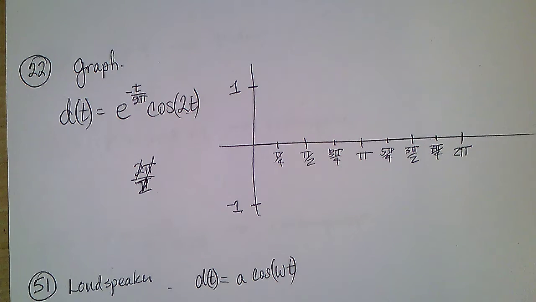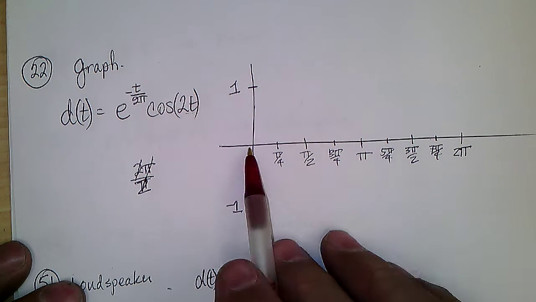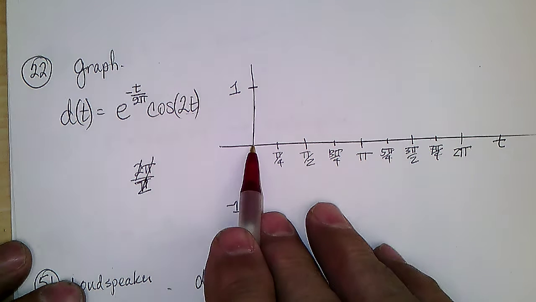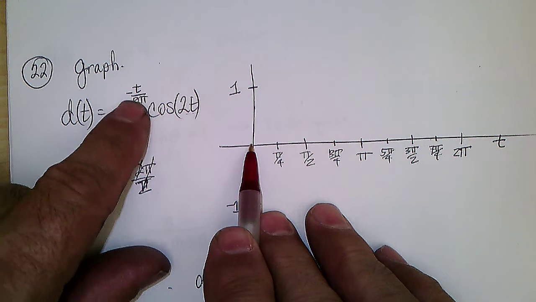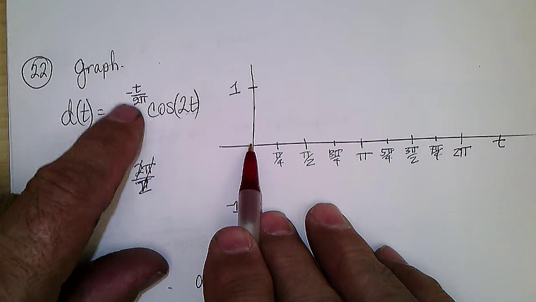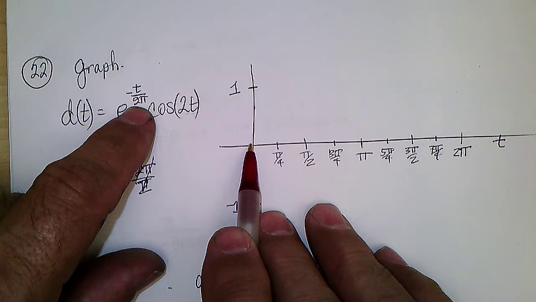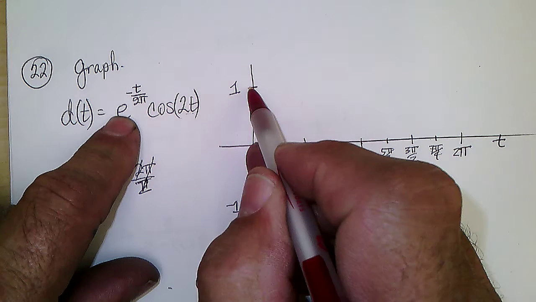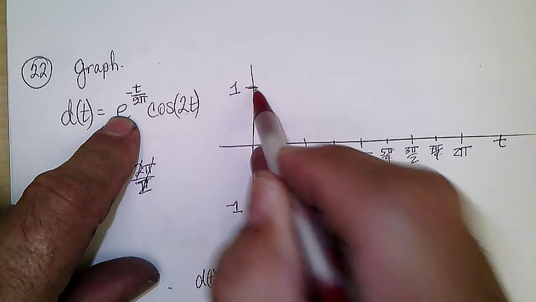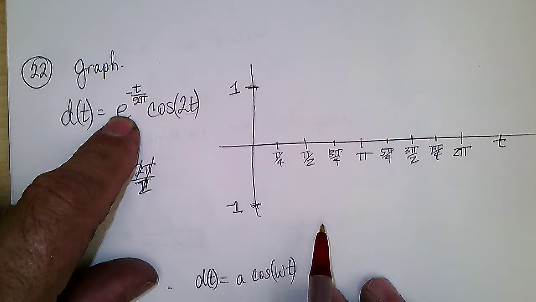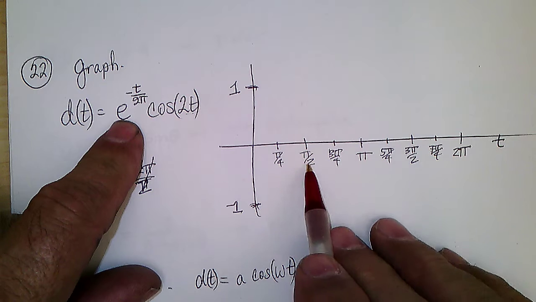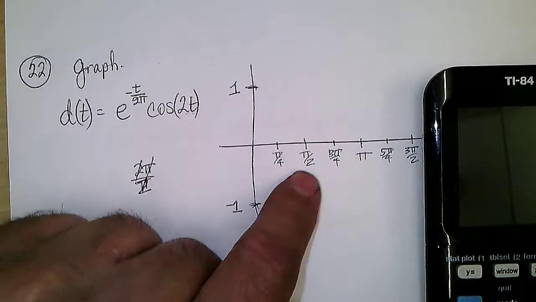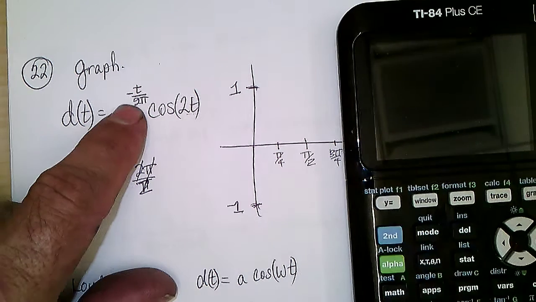And now at time 0, put 0 in here, e to the minus 0 over 2 pi is 0, e to the 0 is 1, so the amplitude would be at 1. So I'm just going to kind of mark it with little x's here. And then at pi over 2, well, we'll just put it into the calculator.